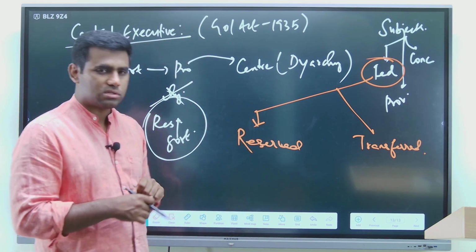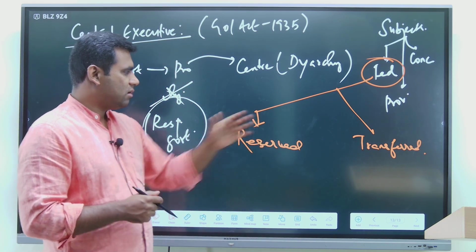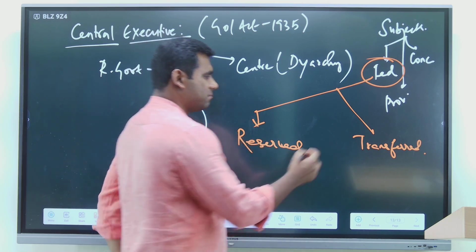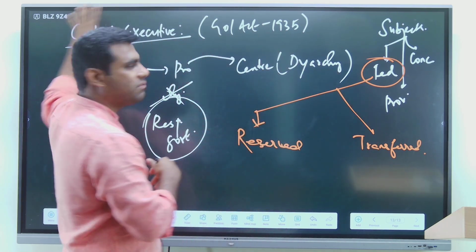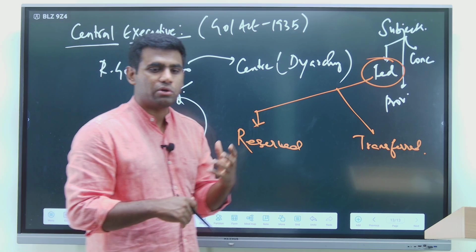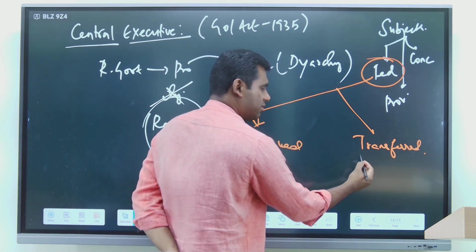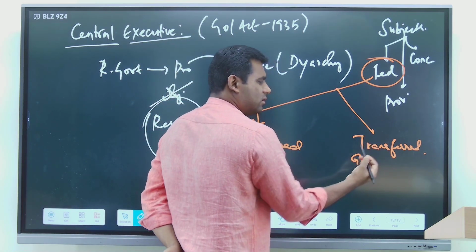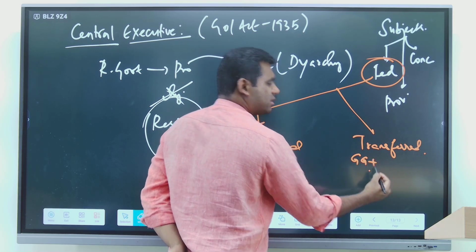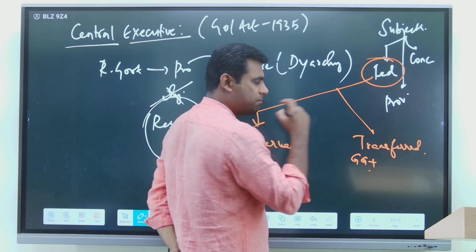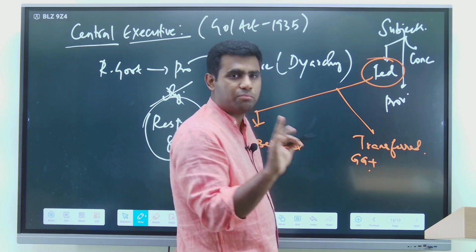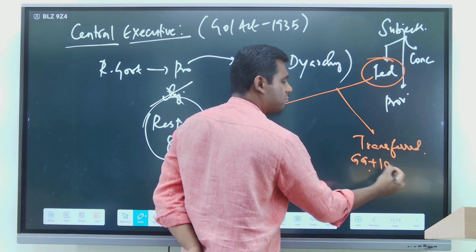Now here comes an important difference. When it comes to transferred subjects, who is the head of central executive? See, we are discussing the central executive. Who is going to be the head of central executive? It's the Governor General or the Viceroy, right? And to assist this Governor General, when it comes to these transferred subjects, the Government of India Act 1935 provides for not less than 10 members.